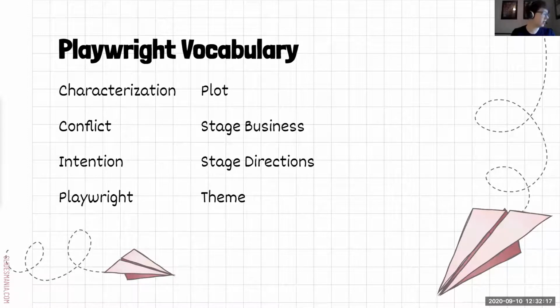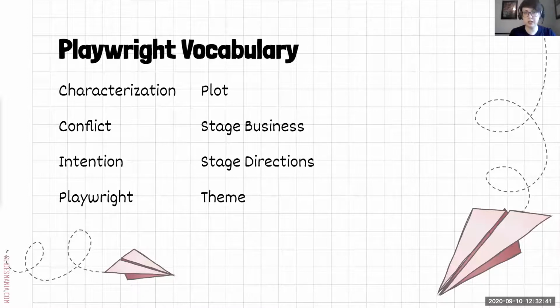Stage business. All right. So stage business is a task that an actor does that doesn't necessarily involve movement. So it could be eating, it could be knitting, it could be playing cards, it could be, what do you think, Kenley?